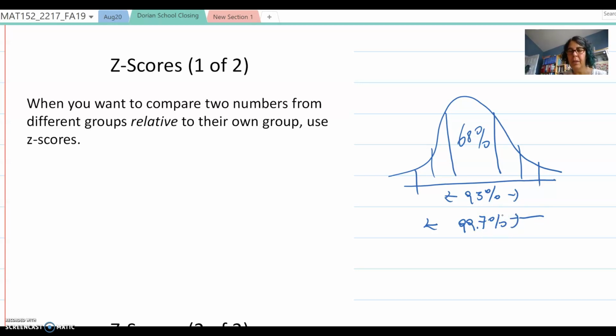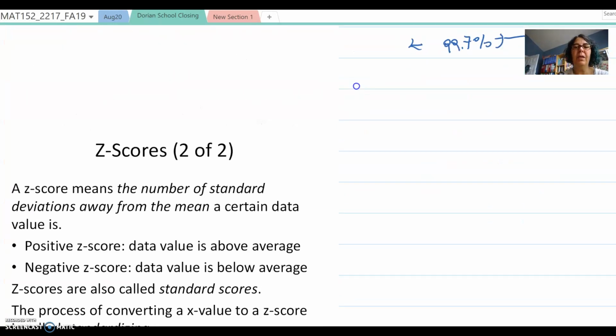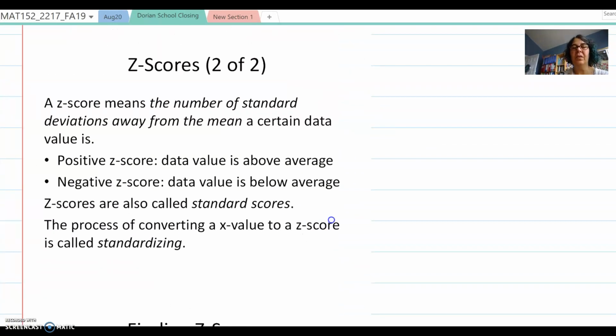How about if we would like to find a location different than these percentages, a location that these percentages won't be able to help us with? Then we need to talk about the z-scores.